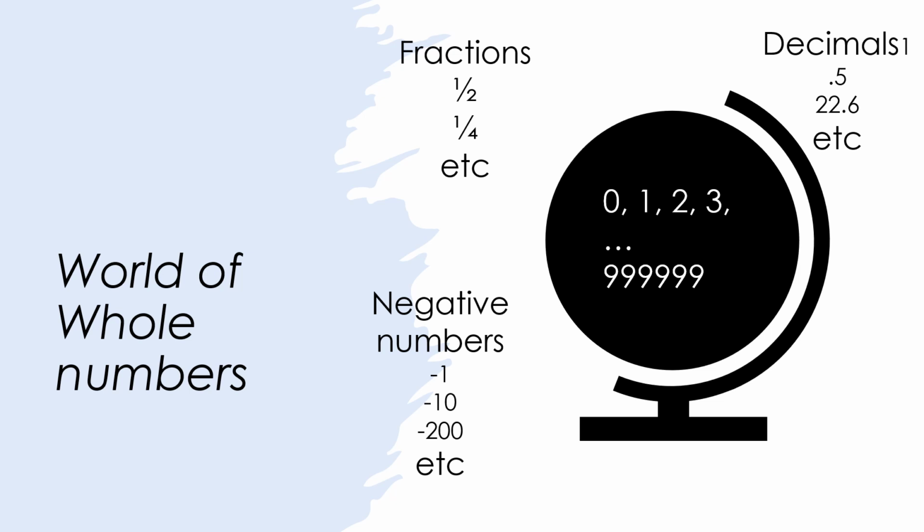Half, 1/4, etc. Decimal numbers, for example, 0.5, 22.6, are also not whole numbers. And the negative numbers -1, -10, -200 are on the left side of the 0 on the number line. So these are also not whole numbers. We are going to look only at whole numbers today.